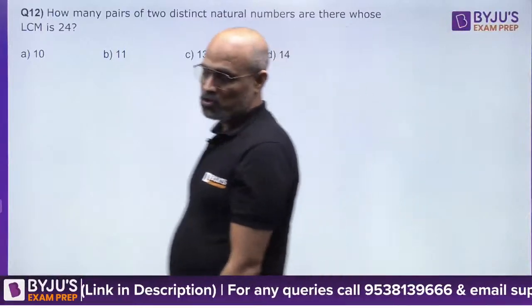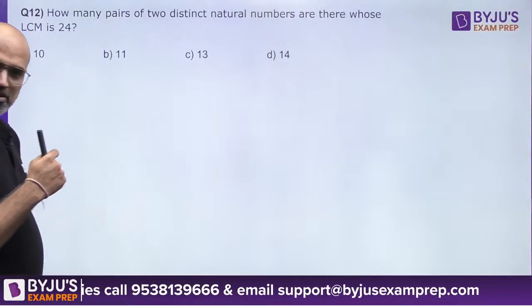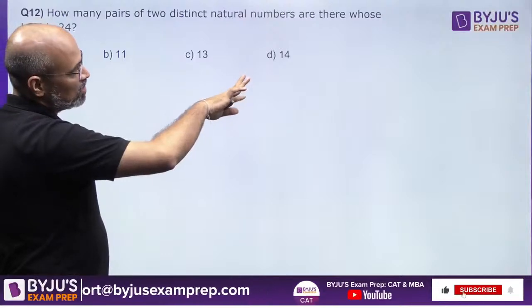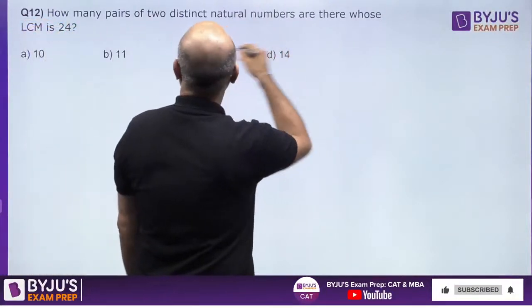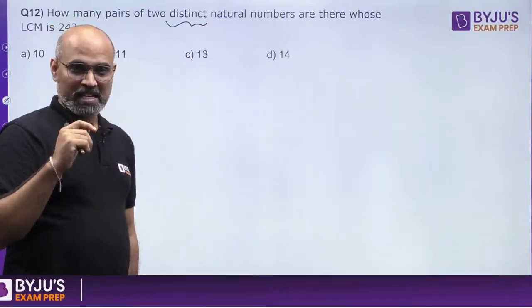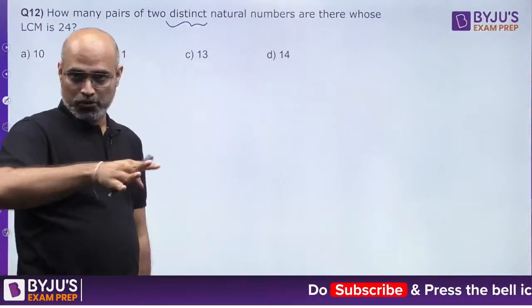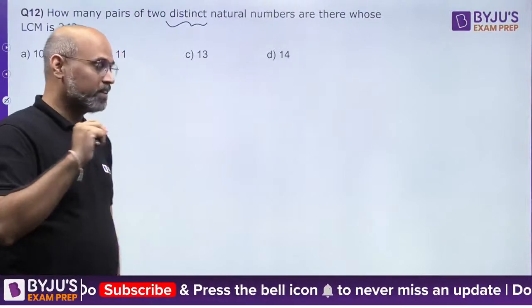Okay, so the answer is, we'll have to check, okay? It's not that easy. How many pairs of two distinct natural numbers are there whose LCM is 24? So we'll have to pay attention to "distinct". They need to be different, they can't be same. I can't say 24 and 24, whose LCM is 24, because it is true, 24 and 24's LCM is 24, but they are not different numbers, right?